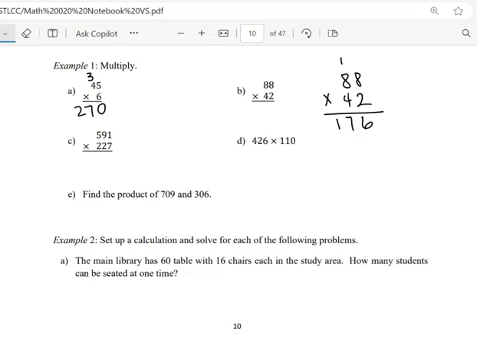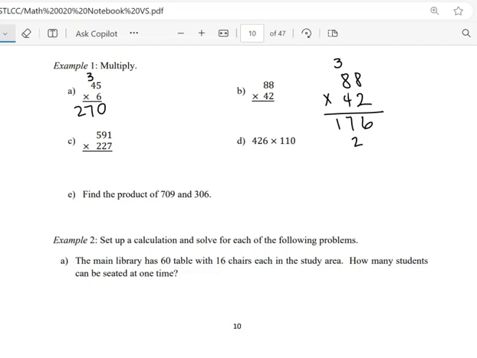So then I'm going to repeat the process again. So I'm going to get rid of that 1 so it doesn't confuse me. So 4 times 8 is 32. So I'm going to get 3 there. And then notice that once I started working on the tens digit, the first answer is going to be in the tens digit. That's why we're lining up the numbers.